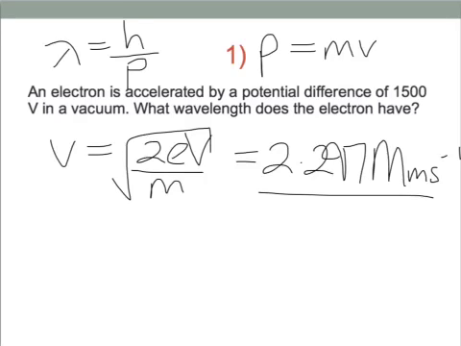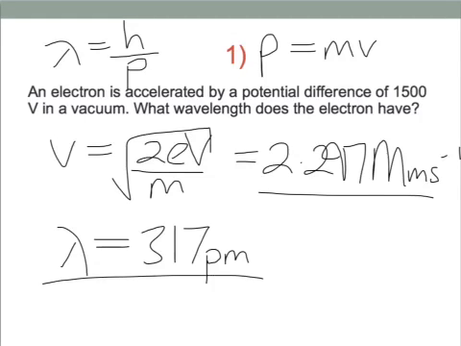Now if you do this properly, we should get a wavelength of 317 times 10 to the power of negative 12 meters, in other words, picometers, where 1 picometer is times 10 to the negative 12 of a meter.